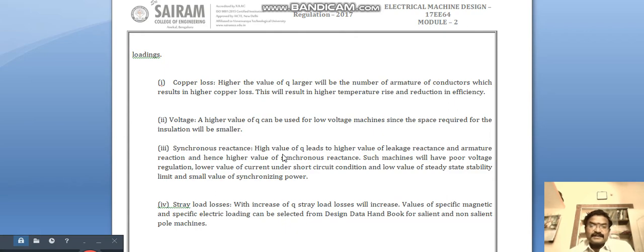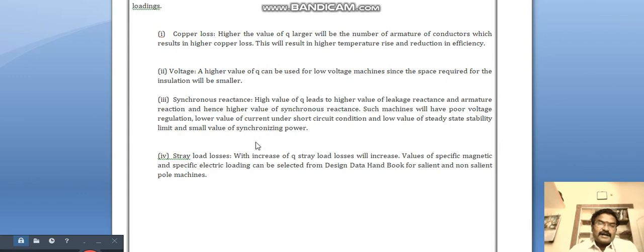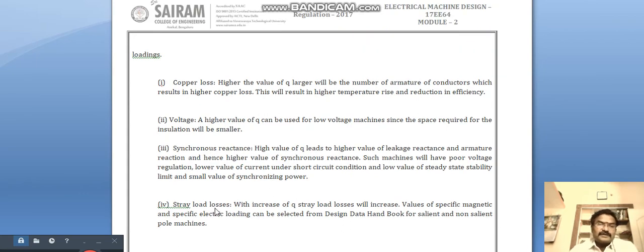The values of specific magnetic and specific electric loading can be selected from a design data handbook for salient and non-salient pole machines. If you go for a higher value of Q, stray loss will be high, synchronous reactance will be high, and copper loss will also be high.